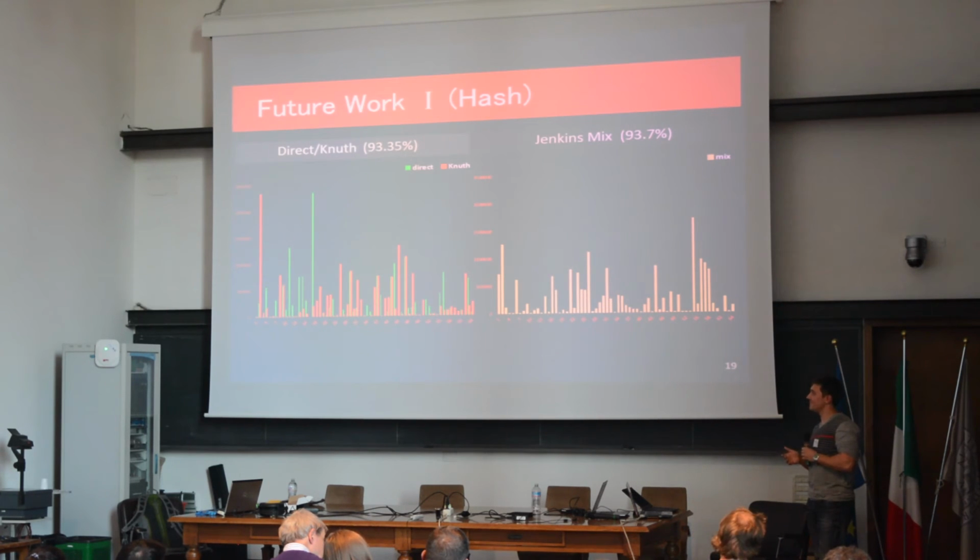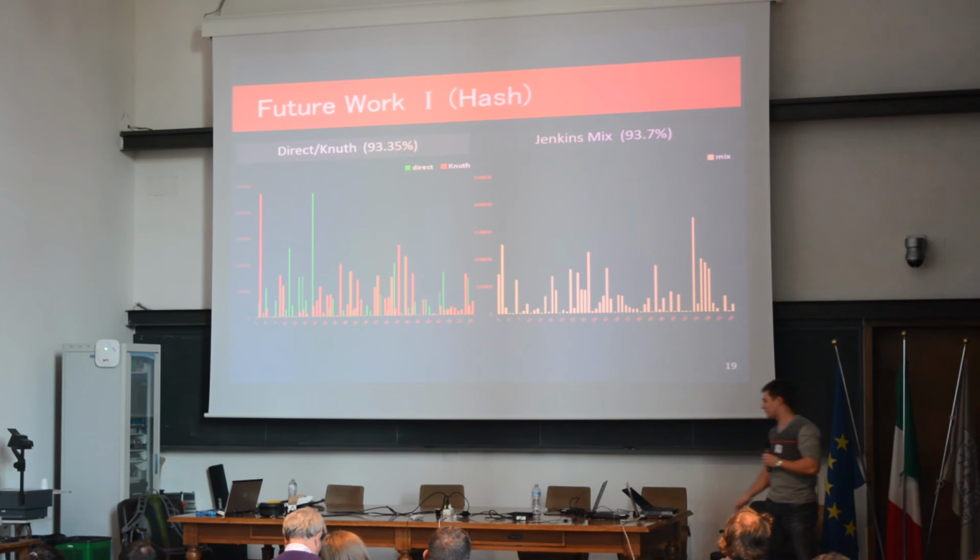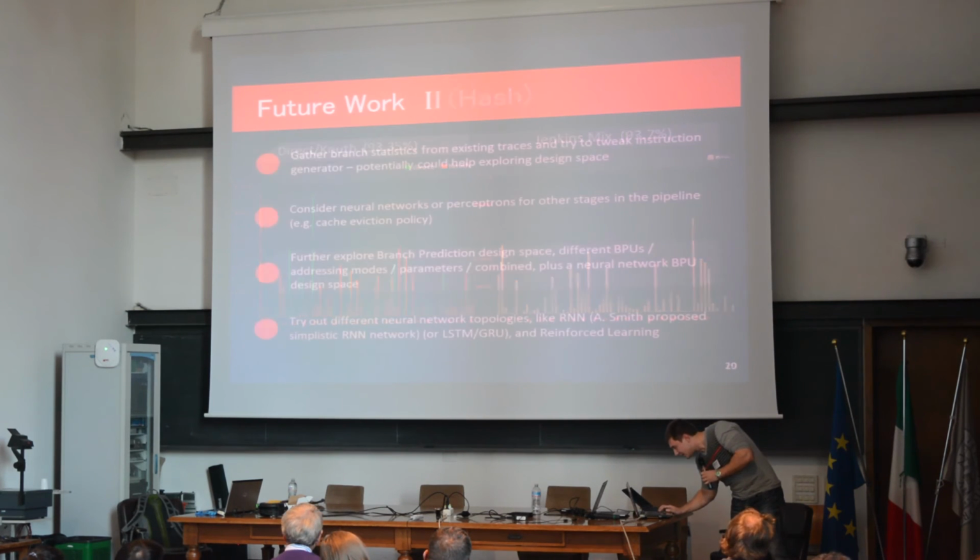But it's not justified, again, for this win. But we are working to explore this field better and probably find a hash function that will be both lightweight to implement in hardware and give some additional benefits for the predictor.